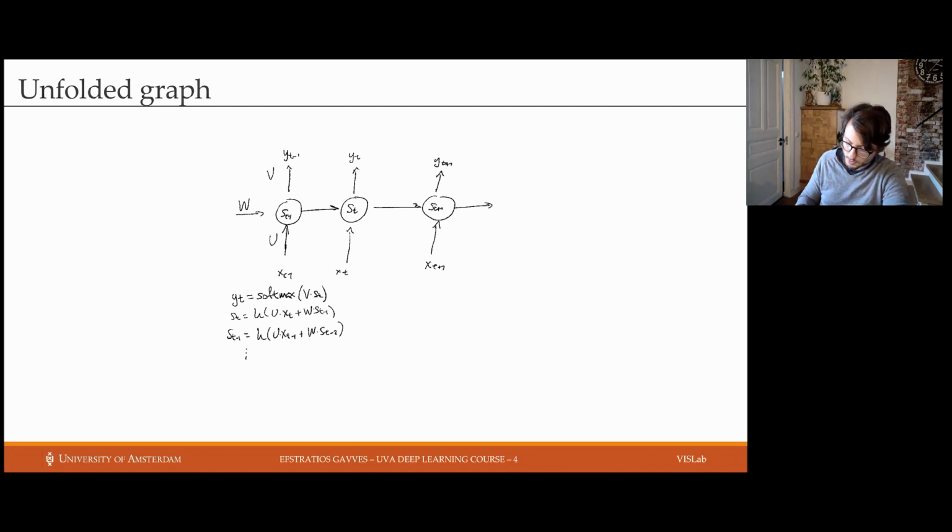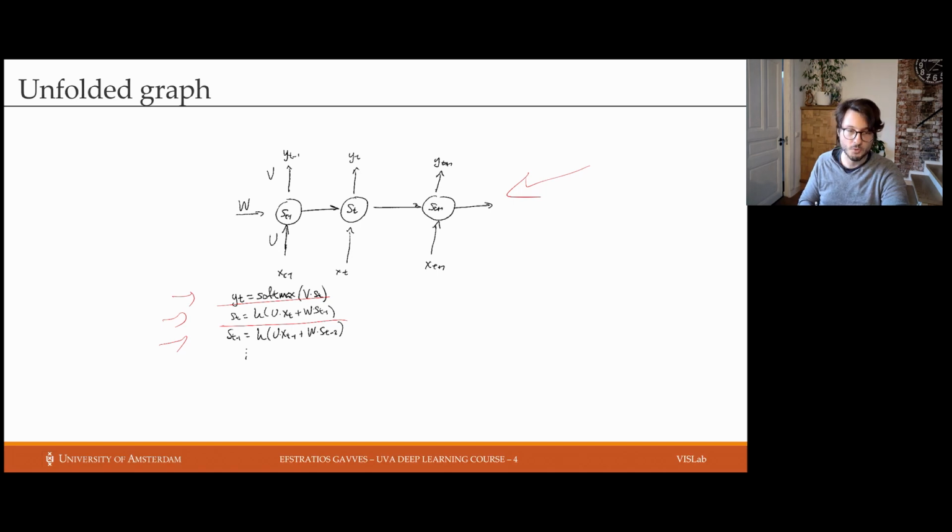We have now the unfolded graph. We saw it in the previous sub-lecture, and we have here our recurrent neural network activation equations. Basically, it's our output equation given our current state.